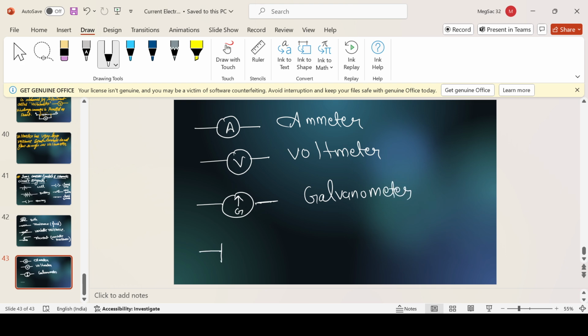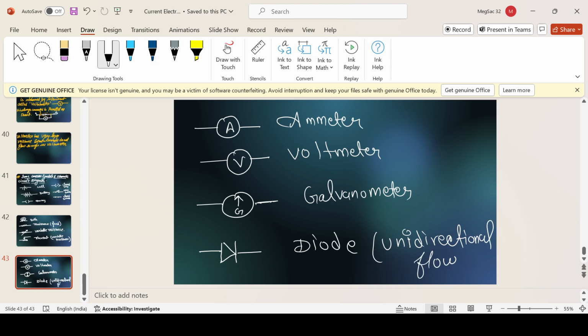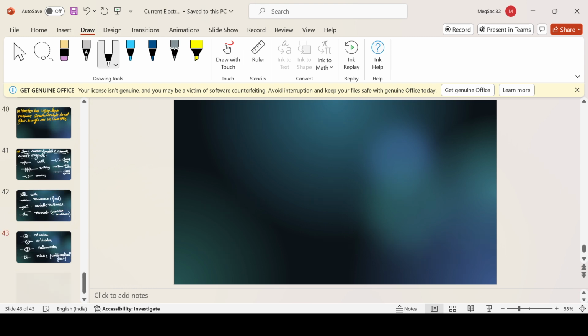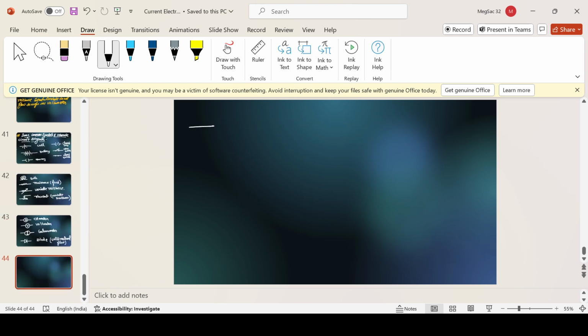Okay, this is a diode, it has unidirectional flow. Then a diode with the same symbol and two arrows outward is an LED, that is, a light emitting diode.